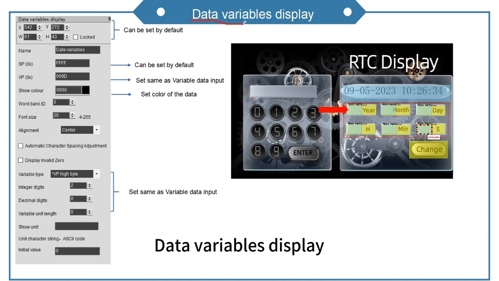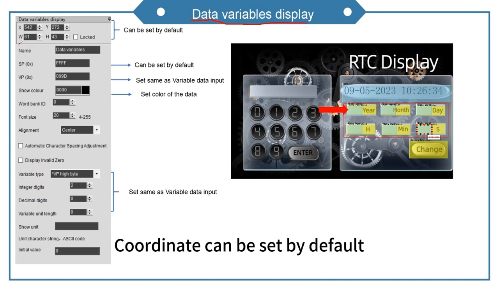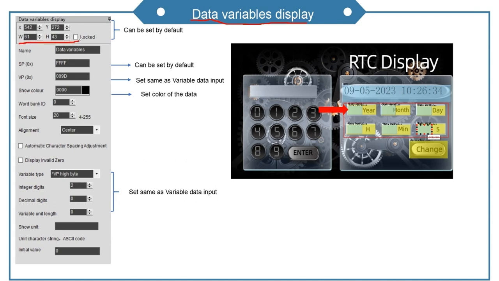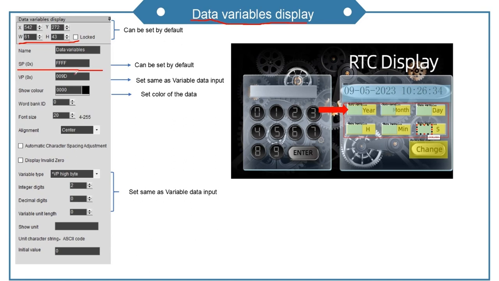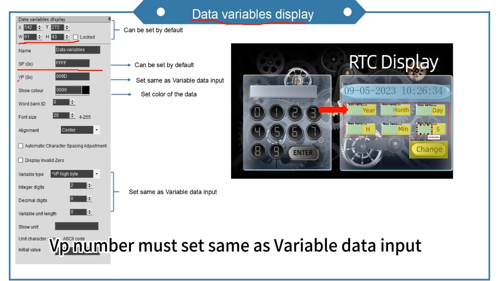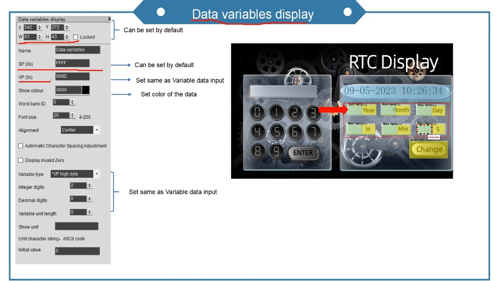Data variables display. Coordinate can be set by default. SP number we don't need to set. VP number must be set the same as variable data input. Color I set black.